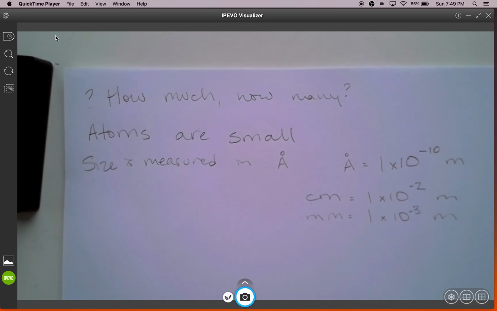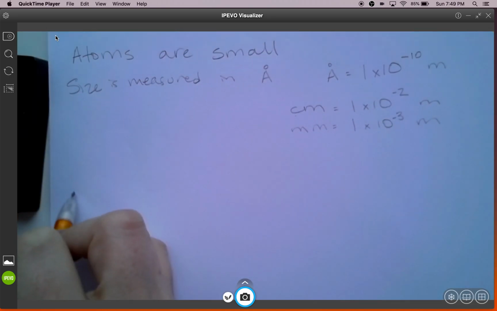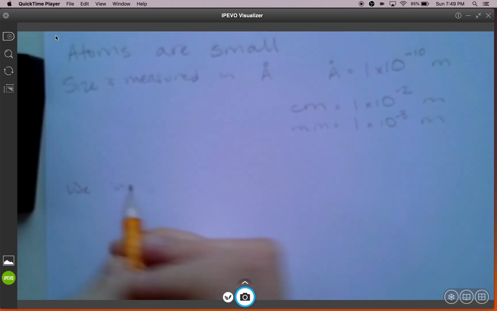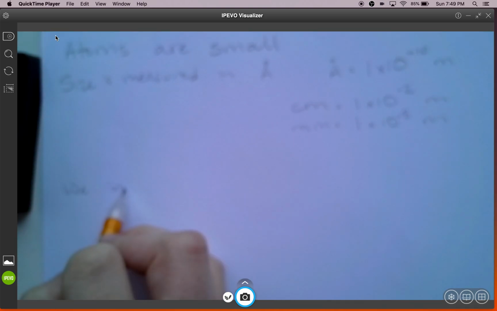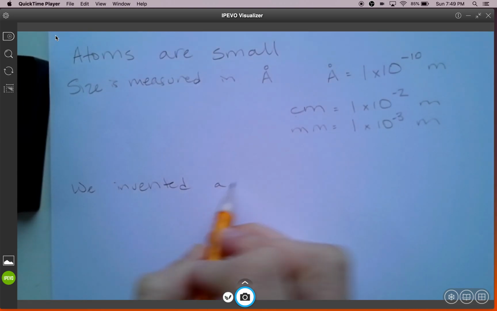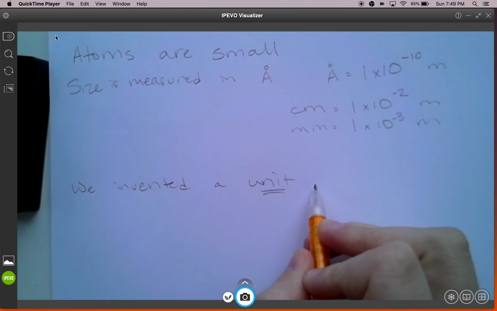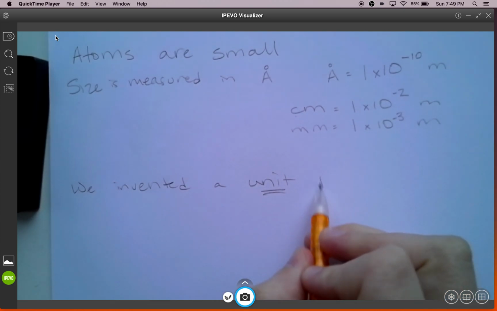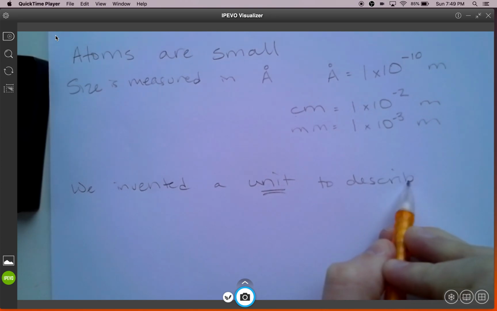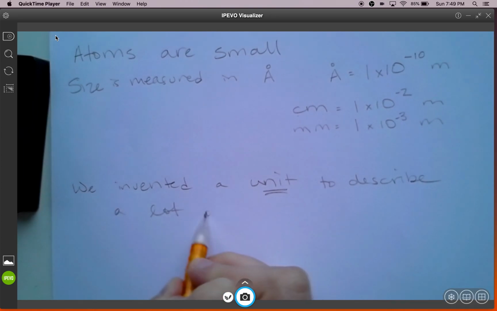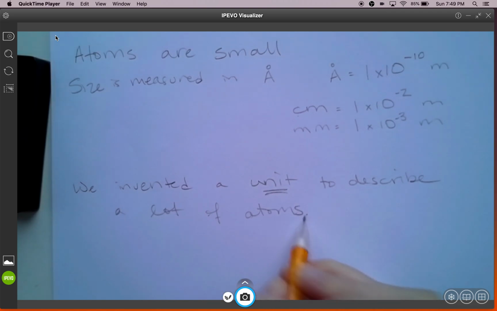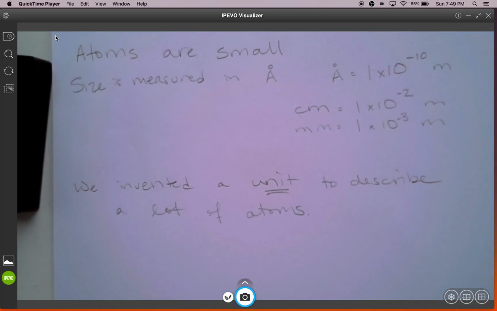So, to deal with that issue, we've invented a whole unit. Aren't you excited? You get a new unit. We invented a whole unit to describe a whole bunch of atoms. And again, this is handy because they're incredibly small.